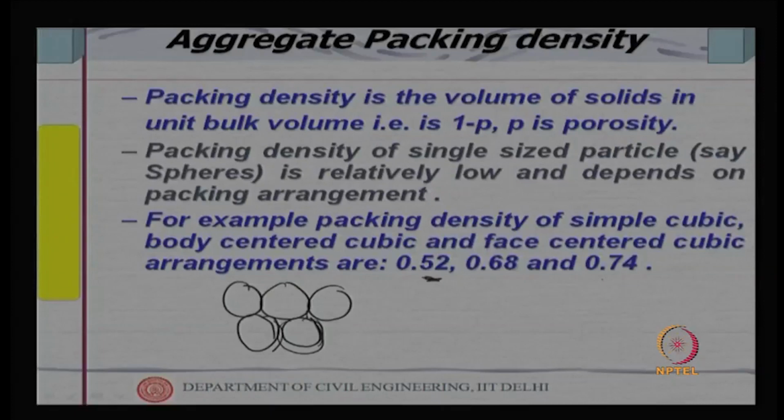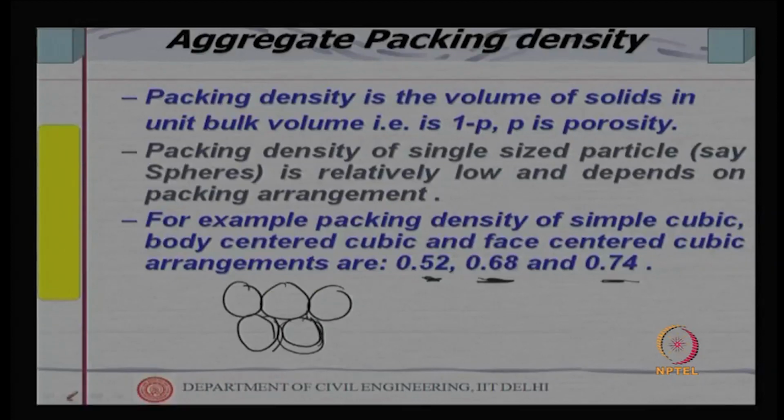So, depending upon the type of packing, for example, for body centered cubic arrangement it is like this, and for face centered cubic arrangement it is 0.74. So it depends upon the packing and is independent of the size, because if you recall, the size d cube got cancelled.